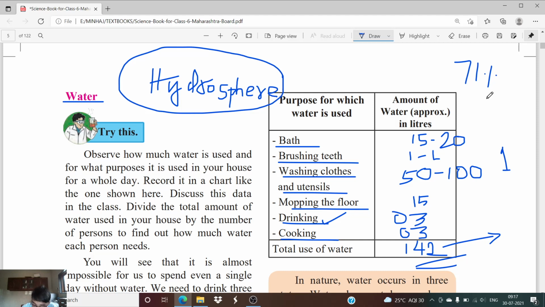It is less than 1%. So it is very important to use water wisely. We have to prevent the wasting of water.